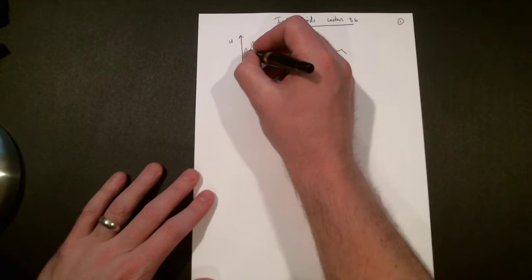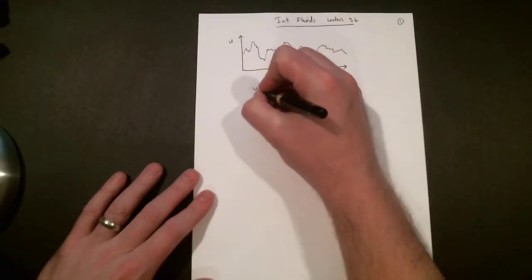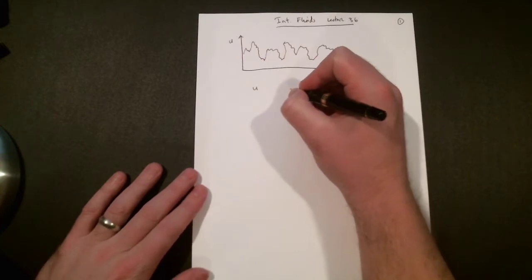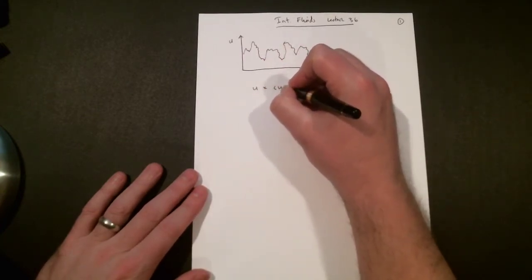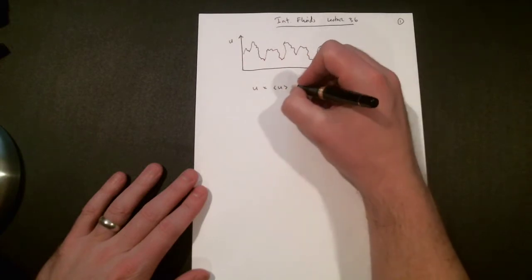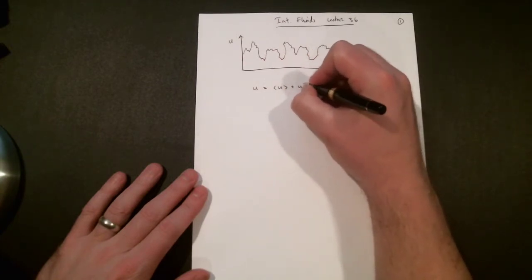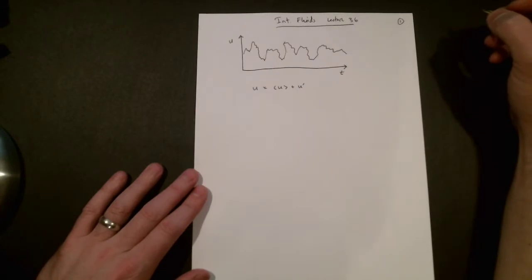So we think of taking our flow and decomposing it into two components. We'll say that any instantaneous u velocity can be decomposed into an average velocity plus a deviation from that average.